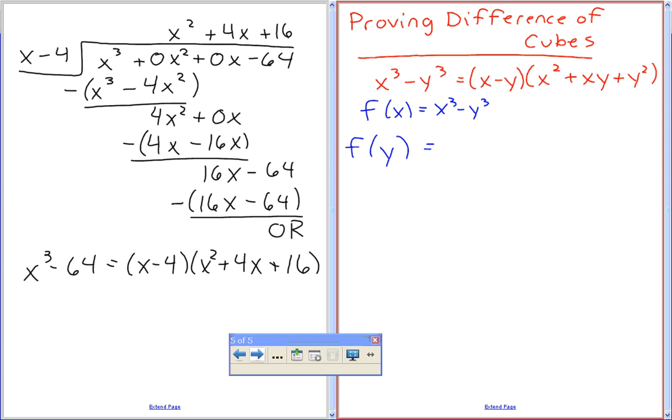Wouldn't you just sub the y into your x value? Works for me. What's y cubed minus y cubed? Nothing. Lovely. What does that tell me about the world? It's a factor. So we just proved that x minus y is a factor.